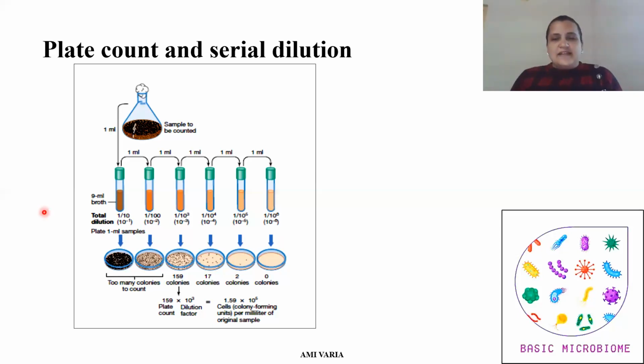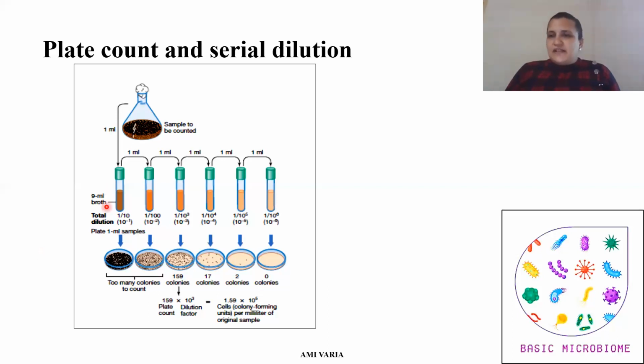From each dilution tube, we plate the sample separately. We can observe the series of plating giving different colony numbers, which we can easily see in this figure.